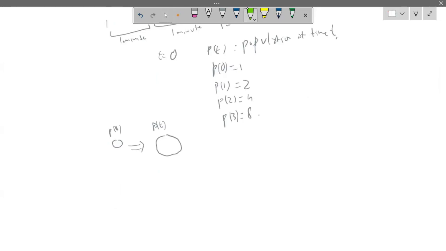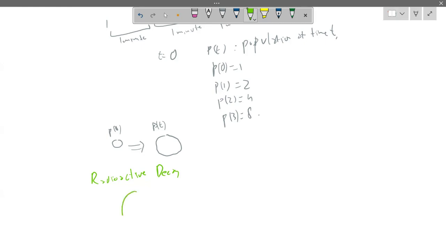Another example here is radioactive decay. I hope you've never been exposed to radioactive matter. Maybe you have, like, bananas contain radioactive potassium. Okay, whatever. But you get the idea. Radioactive matter. Here's a bit of a physics lesson in a math lesson.